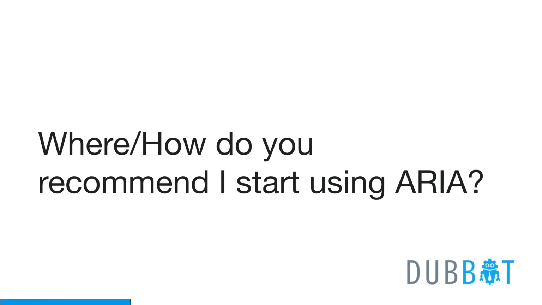So I kind of covered this a little bit already, but where and how do you recommend starting with ARIA? Mark up your page with landmarks. Divide each area of your page into banner, main, complementary, and content info to start. Then from there, add other landmarks where it makes sense.